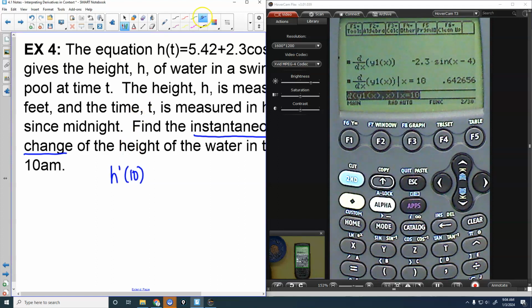There. So if you're doing this problem, all you have to write is h prime of 10 equals 0.643. Round it to 3 places. Now, you would need to give units for this problem more than likely. I didn't put that you have to here. So what would the units be for this?